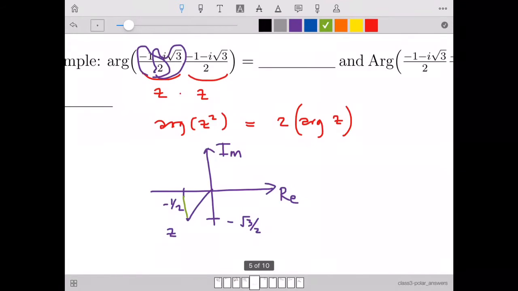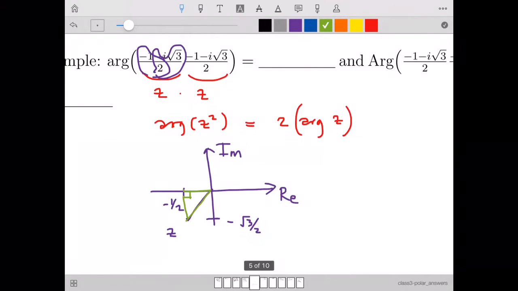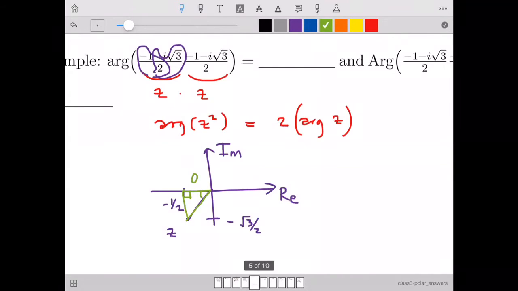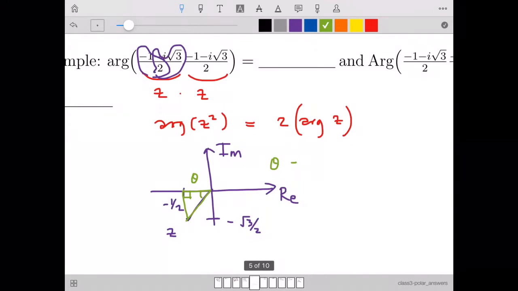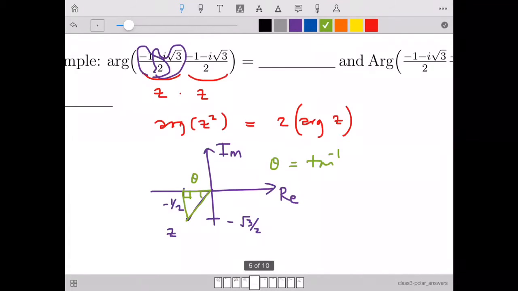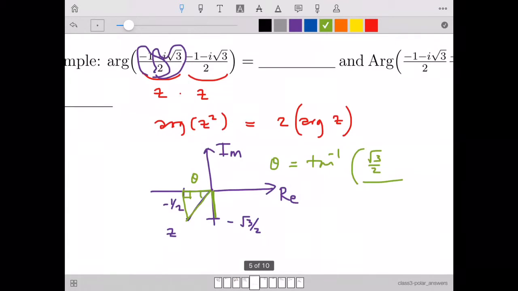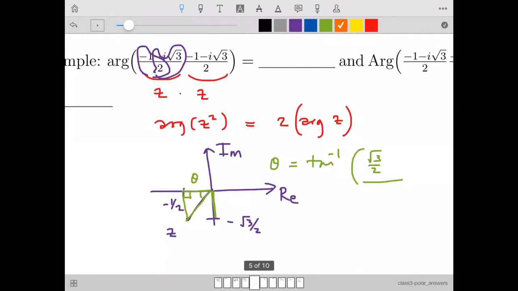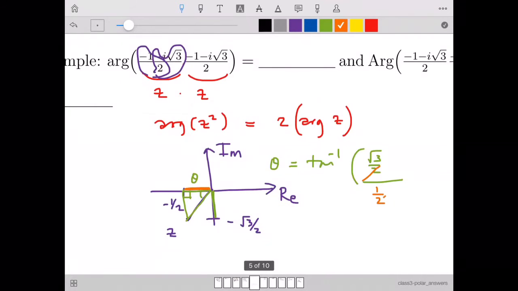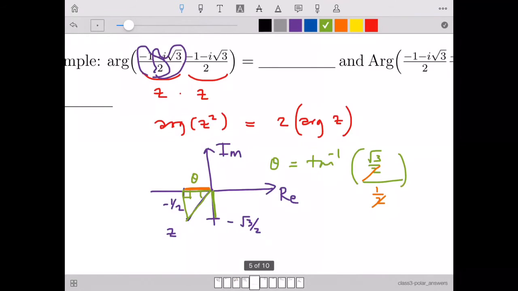Okay, so if I have this right triangle, then that theta is tangent inverse of this much, square root of 3 over 2, over that much, 1 over 2, right? So again we get pi over 3. That angle is pi over 3.